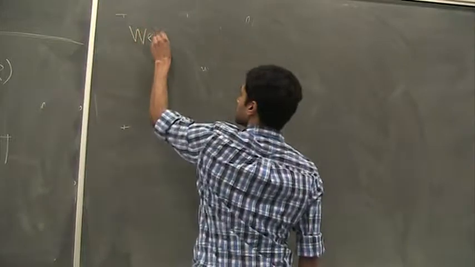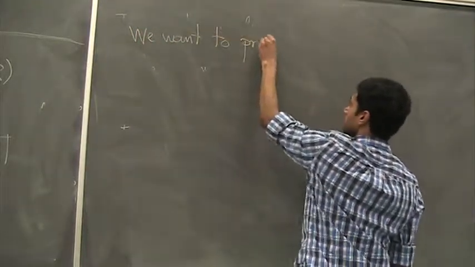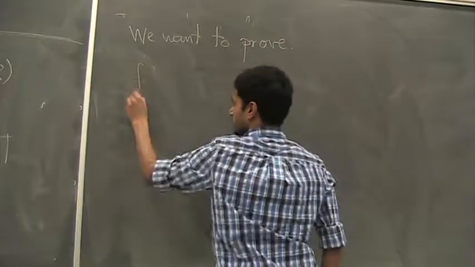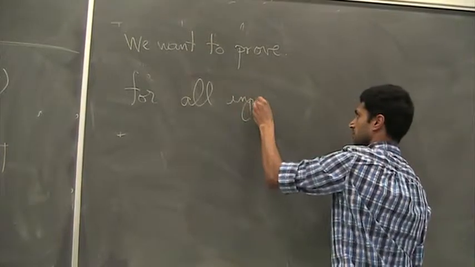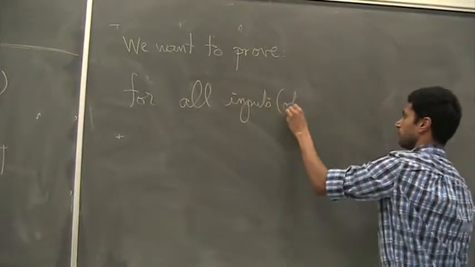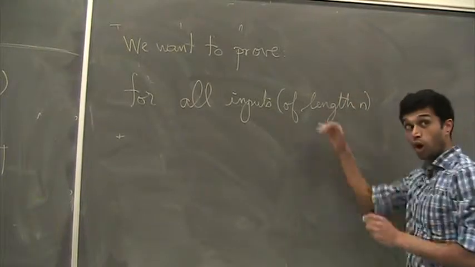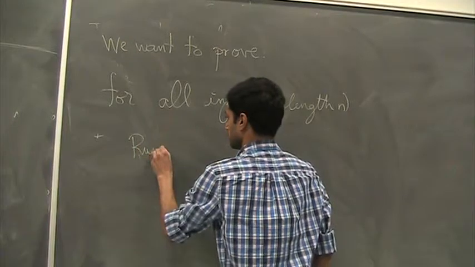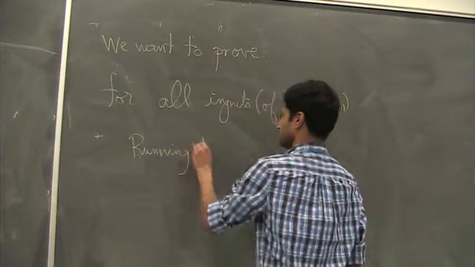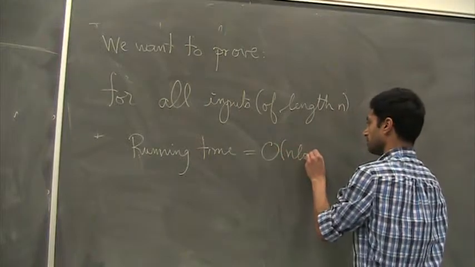What we want to prove, or we hope to prove, so this is really important: for all inputs of length n, the running time is O of n log n.